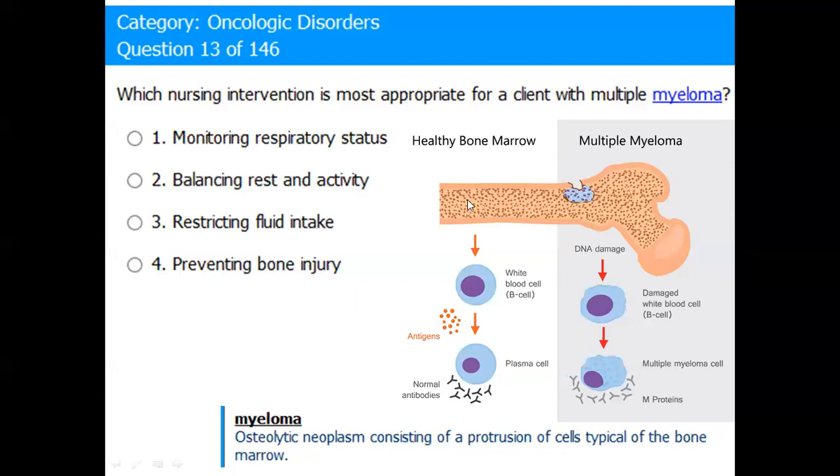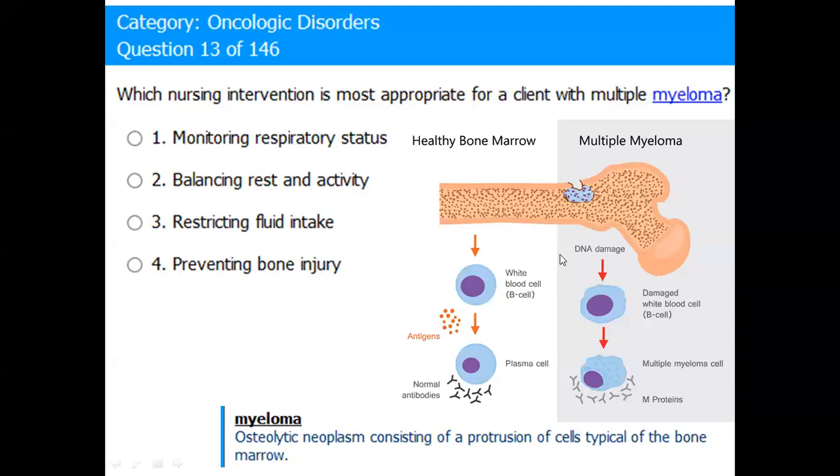In this picture, we can see the bone marrow, and bone marrow can produce red blood cell, platelet, and white blood cell. White blood cell can produce plasma cell, or we could say B cell, B lymphocyte. When antigen attacks, the body can produce antibody, and this antibody is basically plasma cell.